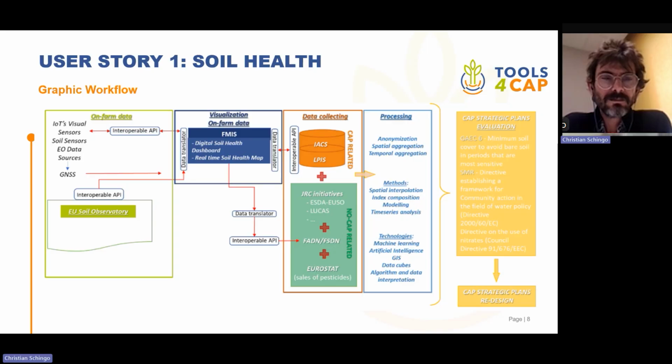this data has to go also at farm level to a farm management information system.